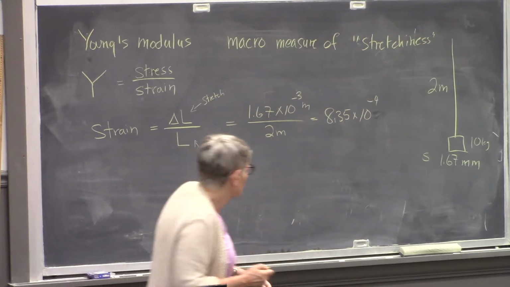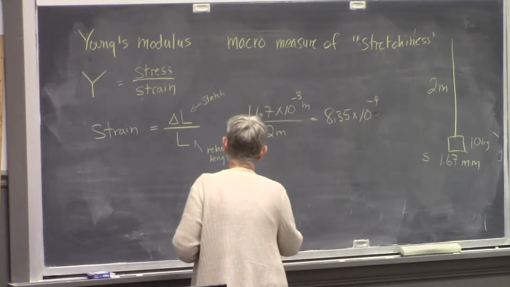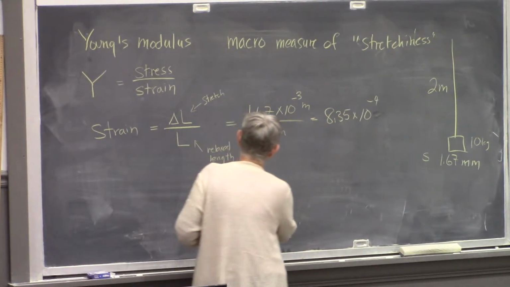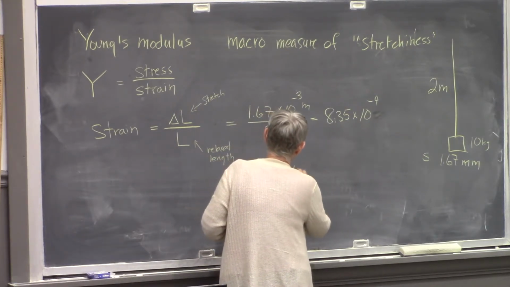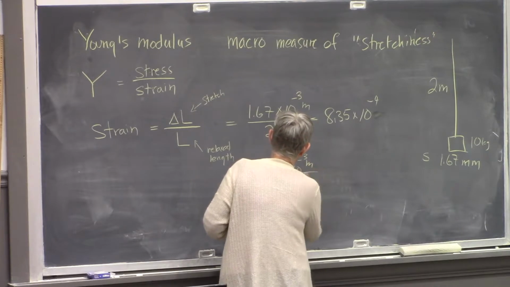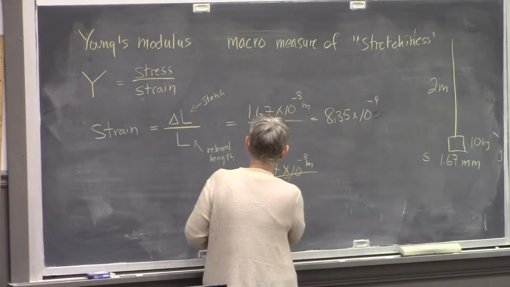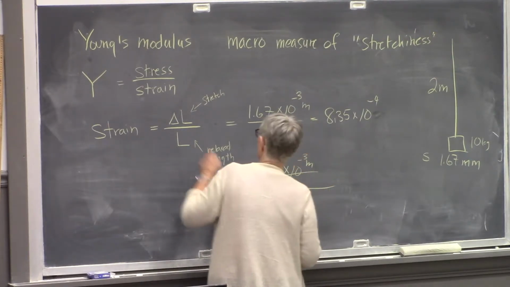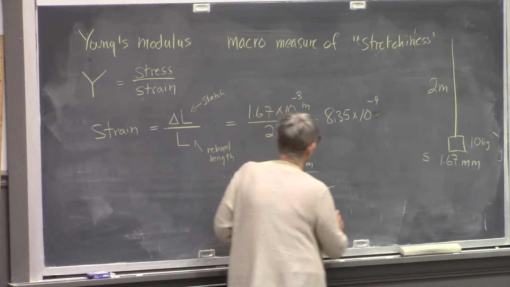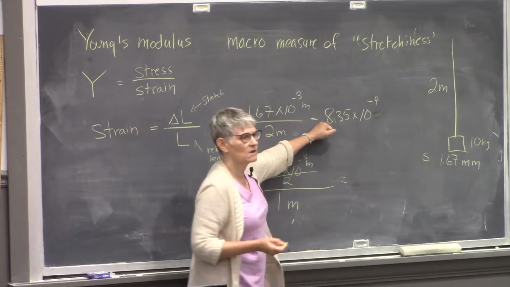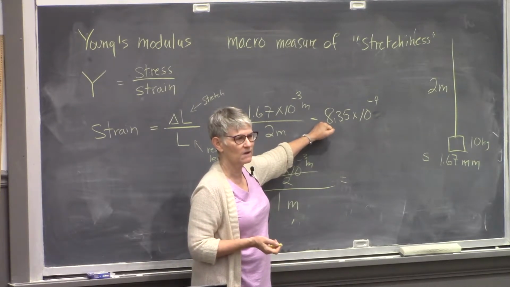Half as much, okay? So suppose we had 1.67 times 10 to the minus 3 meters divided by 2 for the delta L, and this was 1 meter. What's the strain going to come out to be?